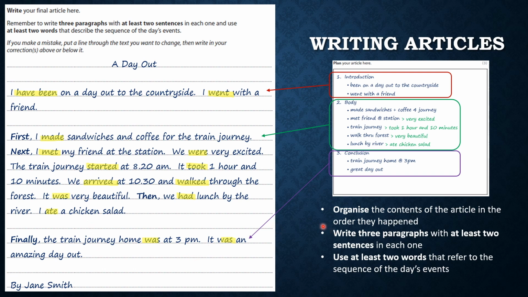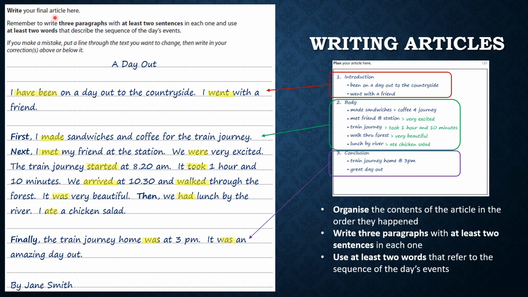We write 3 paragraphs with at least 2 sentences in each. We have 1, 2, 3 paragraphs, and 2, more than 2, and 2. So yes, we have done that. And as we've already talked about, we have used 1, 2, 3, and 4 words to talk about the sequence of the day's events. So yes, we have done that also.